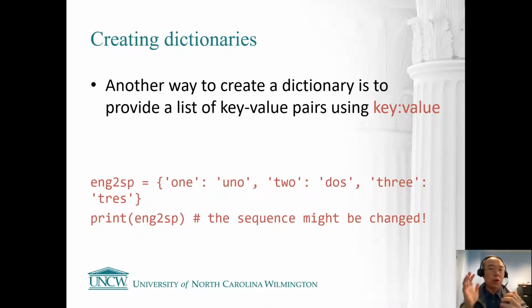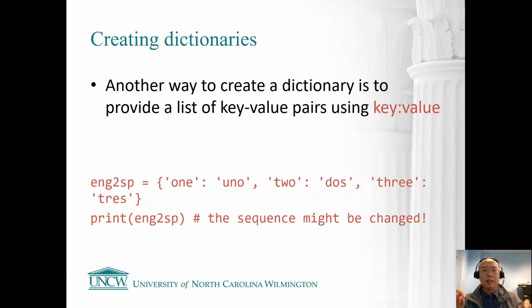If you try that a couple of times, you might be able to see that. Don't be surprised, because a dictionary is an unordered collection of items. This is the first unordered collection of items we have ever seen. Think about strings, lists, or tuples. They are all ordered, right?